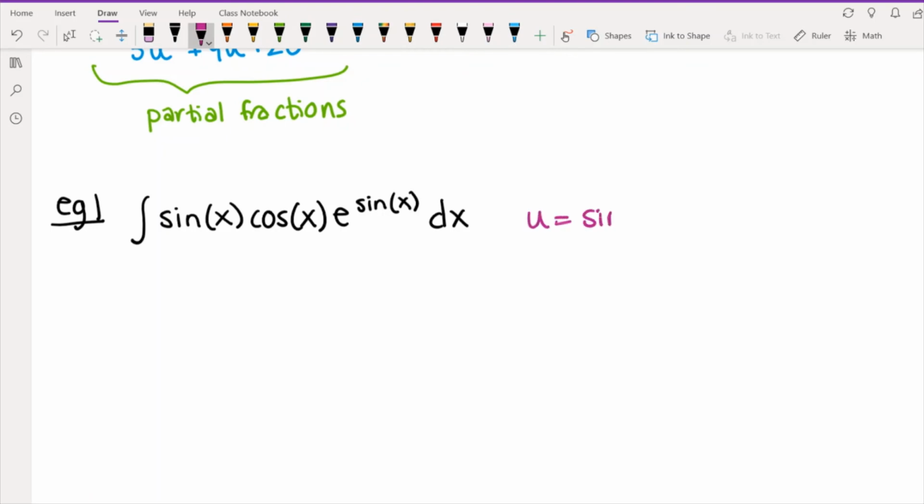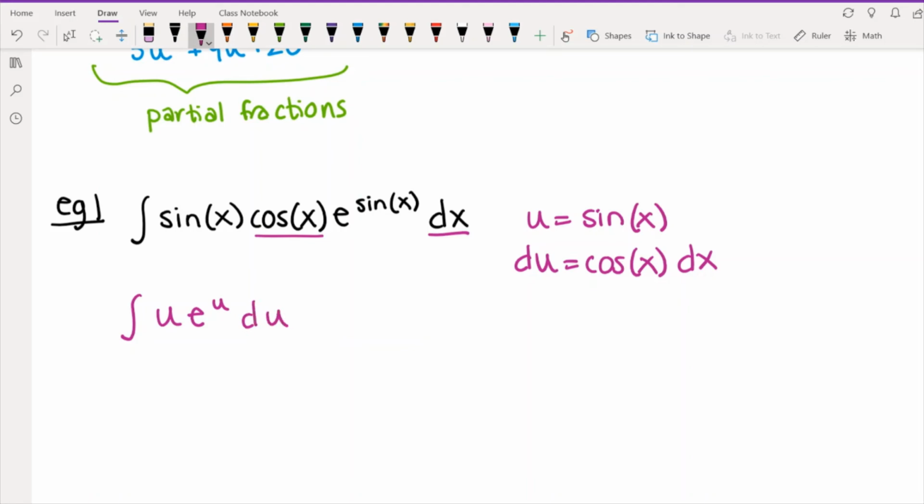So if we let u equal sine of x, then du is equal to cosine of x times dx. And so that means that we can get rid of those and replace them with du. So now we're going to have the integral of u times e to the u du. And where would we go from here? Well, now this is an integration by parts problem, right?